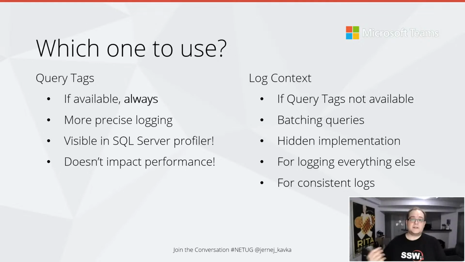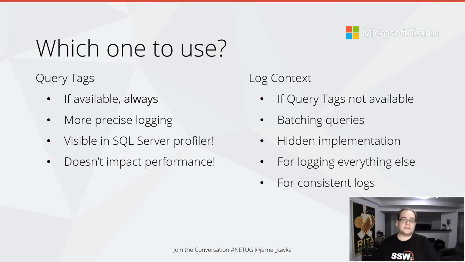I personally use log context to log everything. So if there's an issue, I can say, okay, the issue happened with this feature, so I can filter by this property, and then I can drill down until I find the specific problem just by understanding how I have logged everything and how they group together.